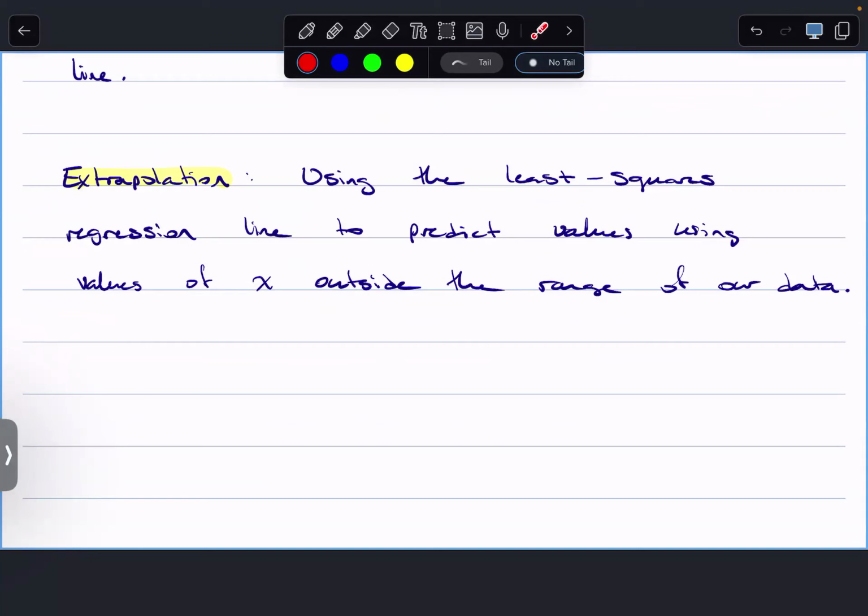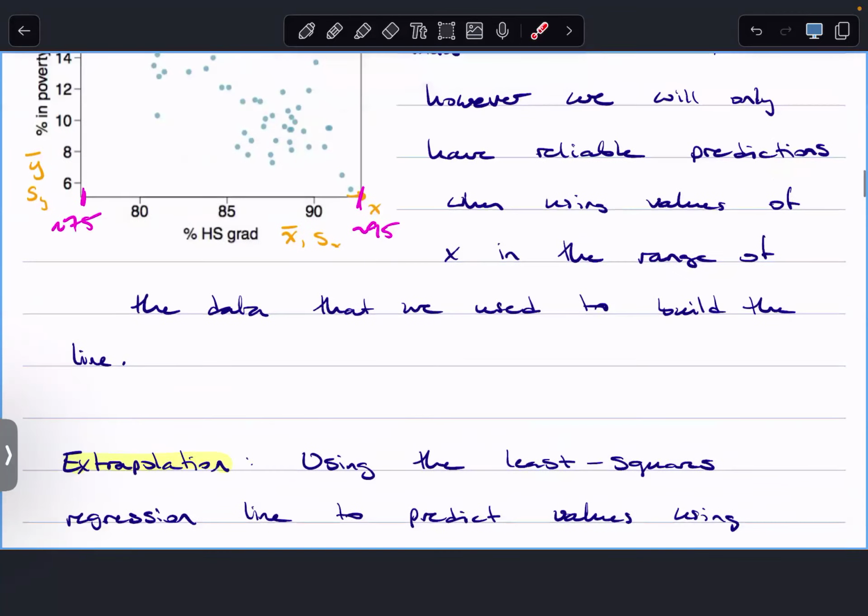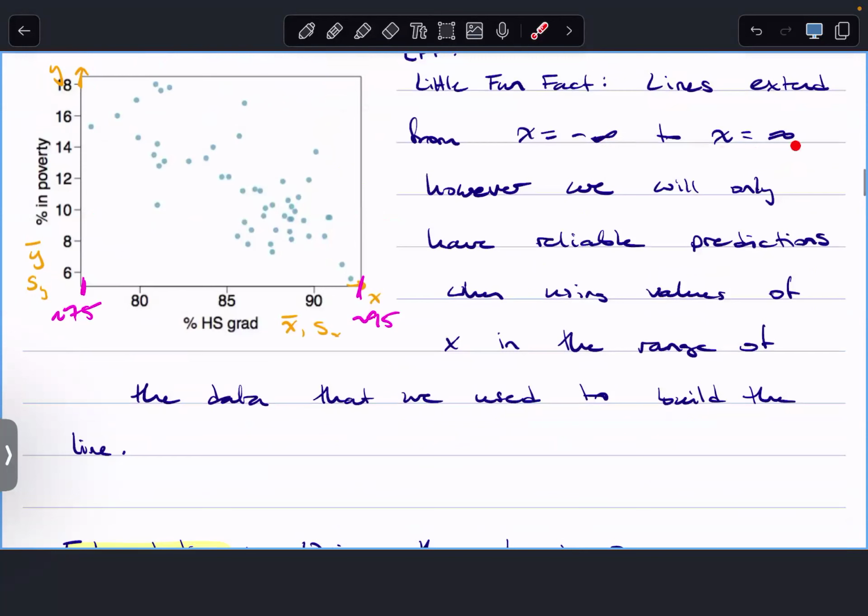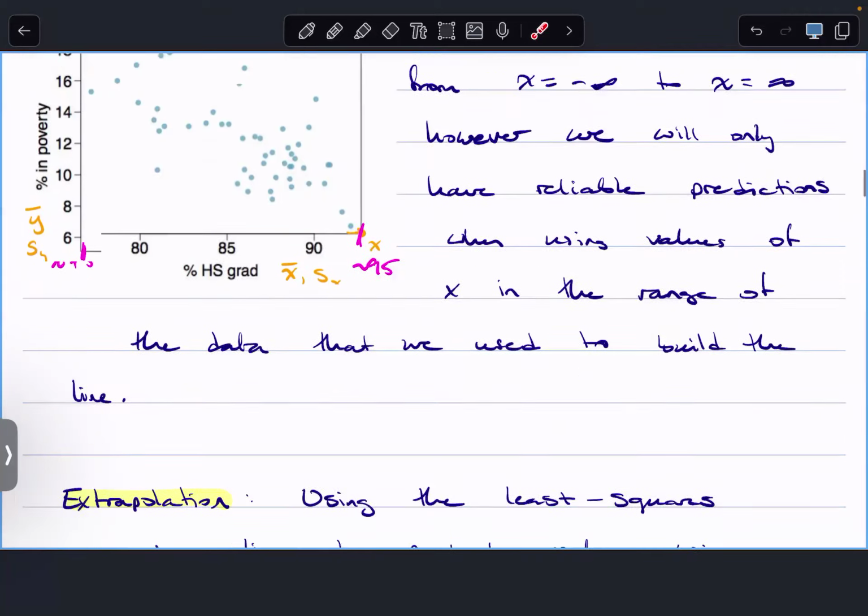And so this means that the intercept, because the line extends from negative infinity to positive infinity, at some point it has to cross the y-axis. And so sometimes the intercept is just that spot. It doesn't mean anything. It's not useful information. It just happens to be the anchor for our line on the y-axis.